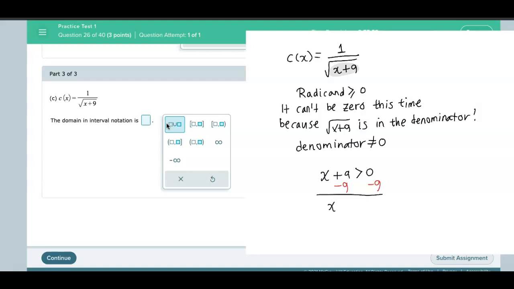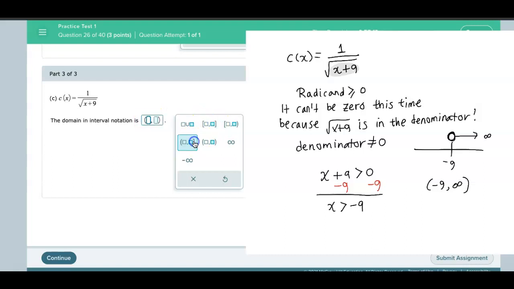You get x is greater than negative 9. So if I graph this, I'll have an open circle going to the right because this is greater. So my interval notation will be negative 9 to positive infinity.